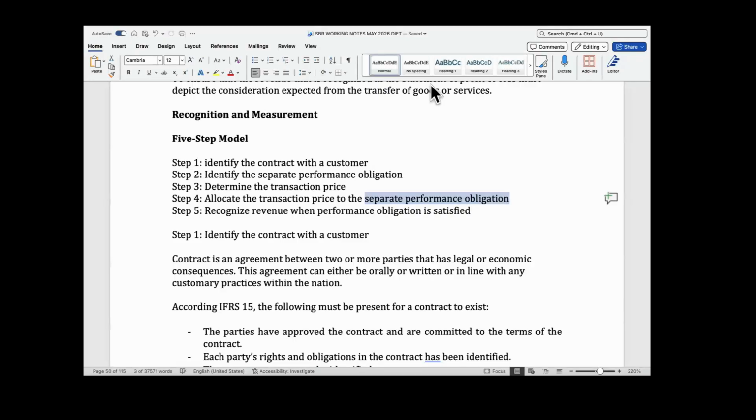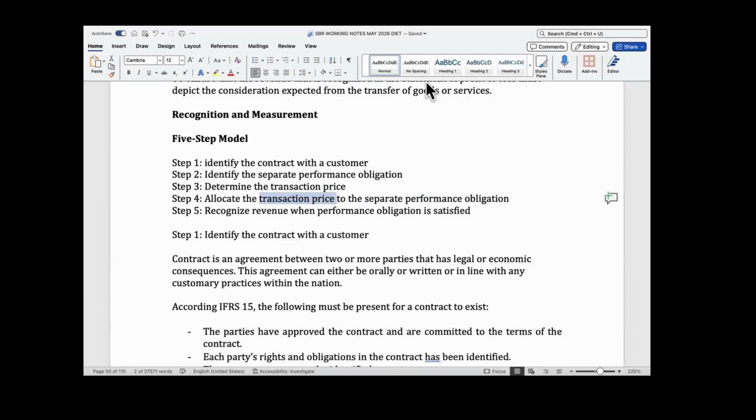But really, when you look at it, you find out that they're actually separate. They are distinct. And in such a scenario, you will need to recognize revenue on them separately. And for you to do that, you will need to allocate transaction price to them. And that's what step 4 is talking about: allocating transaction price to separate performance obligations.